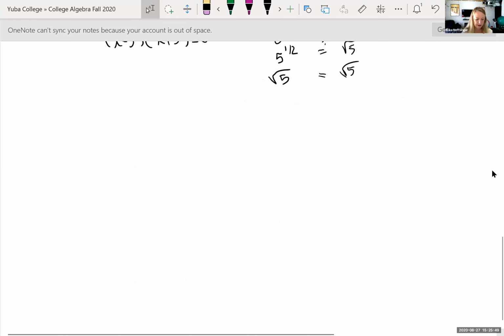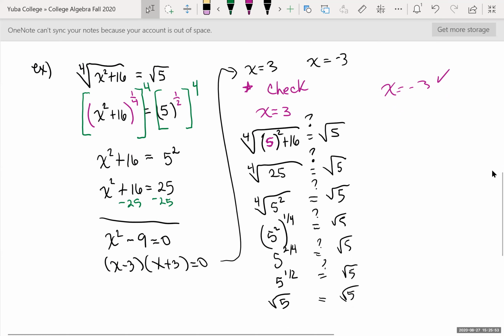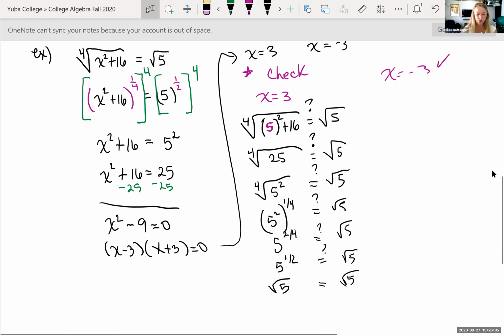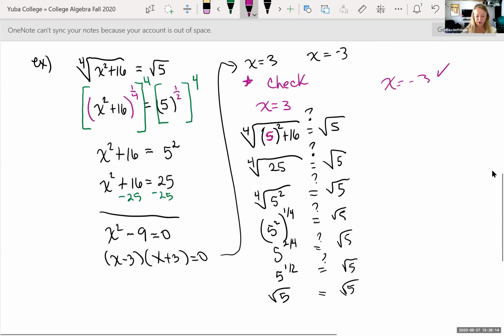Let me just put that there if you need to see. Okay, that one was fun. That's an unusual one I haven't seen before actually, but it goes through a lot of the rules, and important rules that you're going to be using a lot in calculus, where you're changing and using properties of exponents a lot.